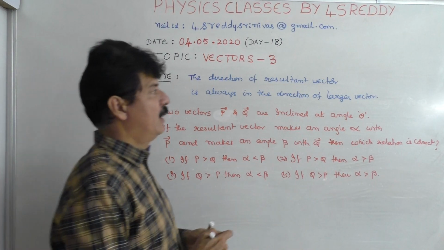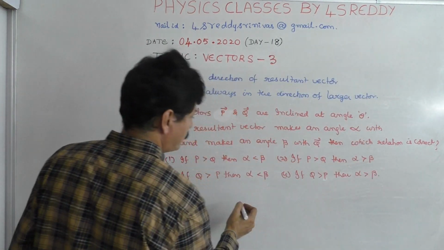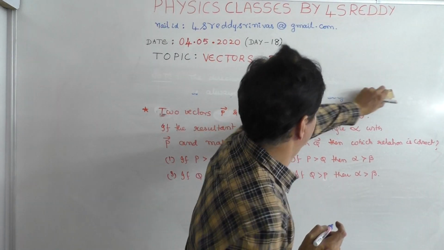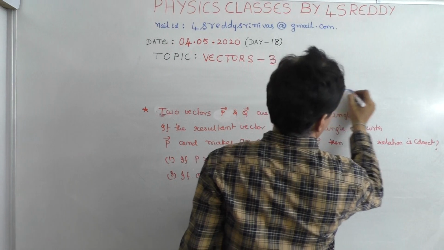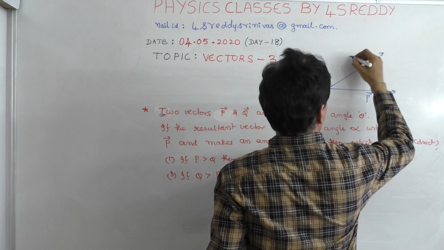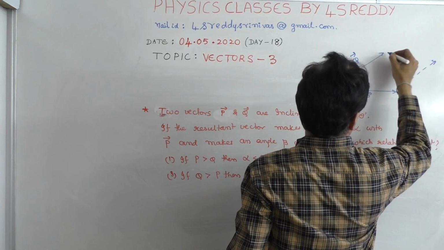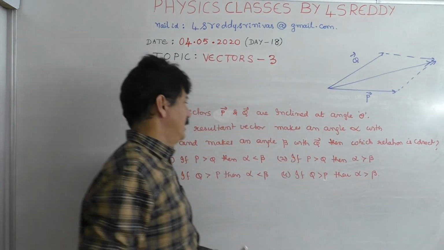First fundamental point for this problem, if you see, this is the vector P bar and this is the vector Q bar, and here this is the resultant vector.